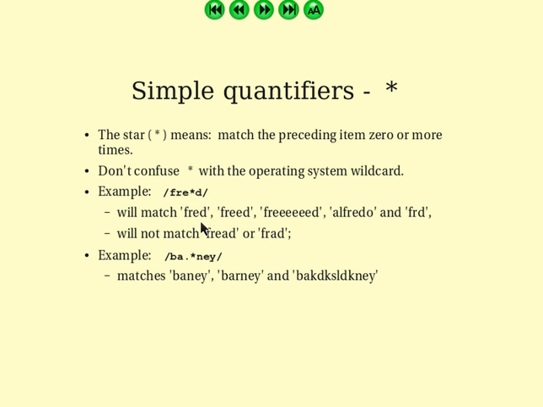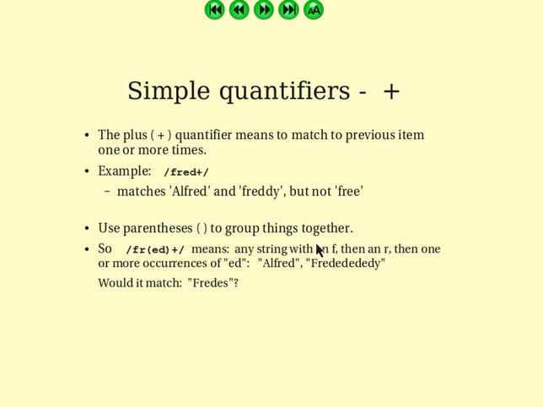That's an F and R and 1 E. Freed, F and R and 2 E's. FRD is FR, 0 E's, and a D. So each one of these matches the pattern, but neither of these match. And the 0 or more can get confusing, but if you practice with it, it's pretty easy to do.